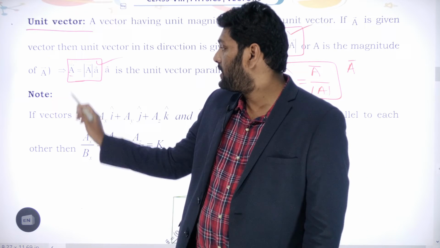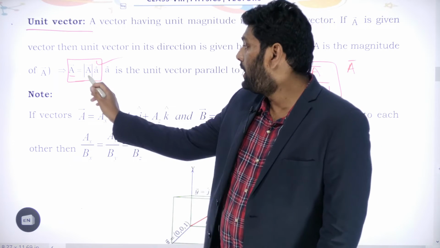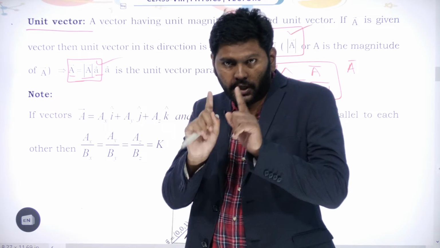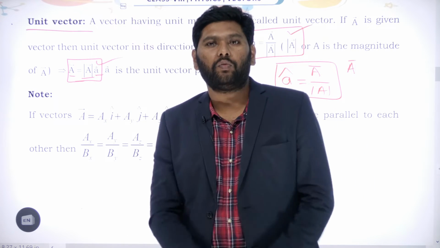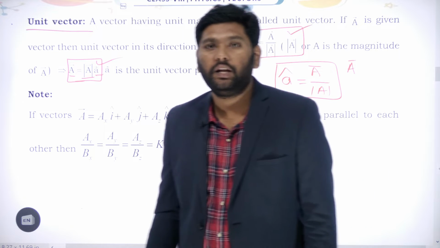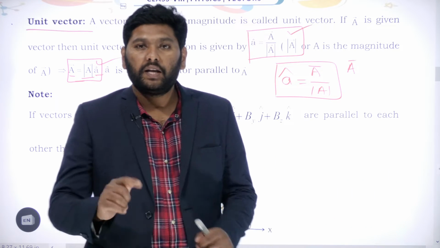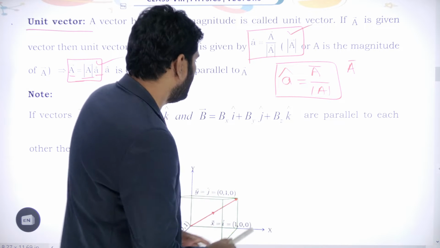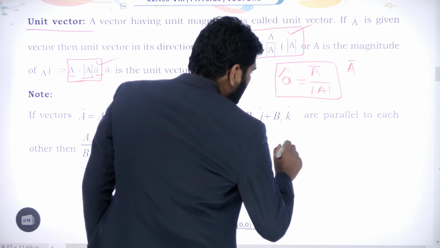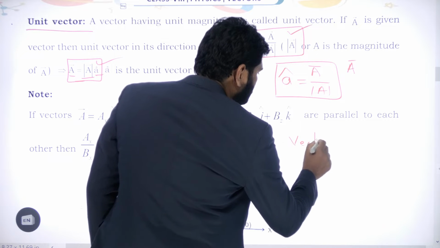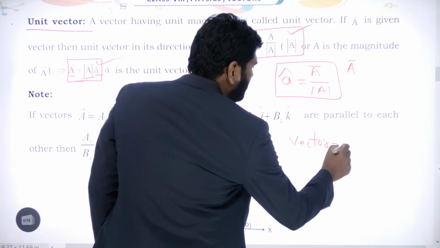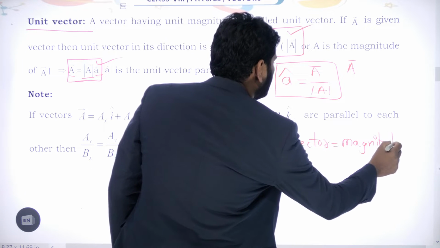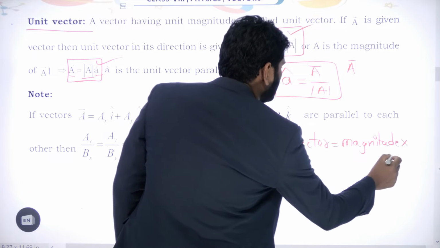So A bar is a vector, and this is the magnitude and this is the unit vector, which means that any physical quantity we can express as magnitude into unit vector. So I will write here: vector is equal to magnitude into unit vector.